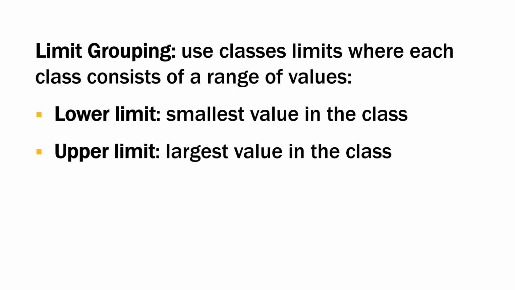This method of grouping quantitative data is called limit grouping because you're putting limits on what can go in there. Now, this is very useful to us when we have data that is expressed as a whole number, and there are just too many of those distinct values to actually use the single value grouping. It would just make it out of the charts to be able to look at it and understand what it is.